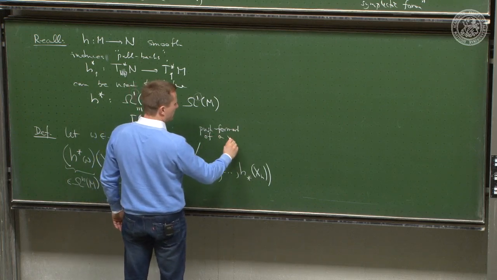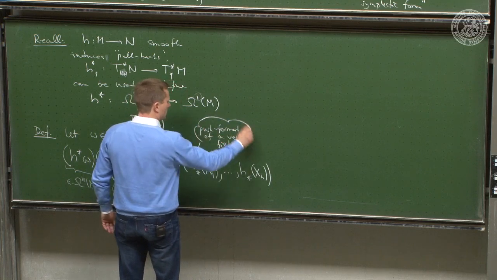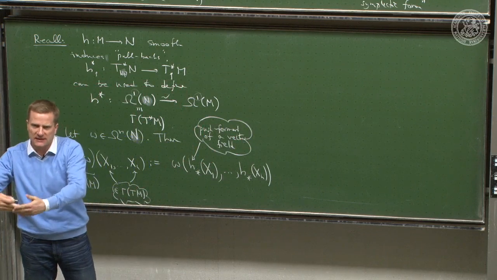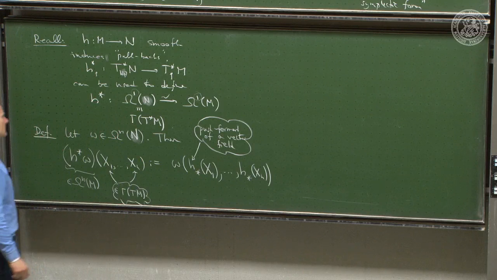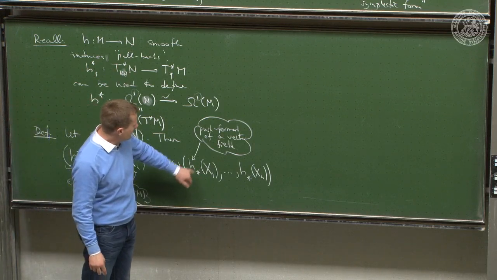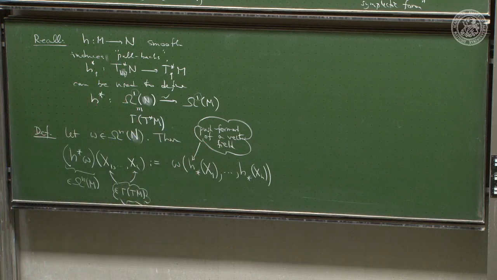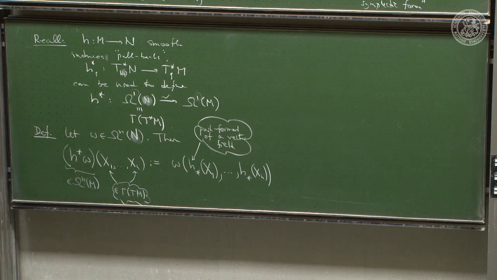That's the same construction as we did here. We only defined the push forward from a certain tangent space to the corresponding tangent space in the target manifold, and now we extend this. We do this at every point, and this is what is meant here. Okay, so this is then the pullback of this form.